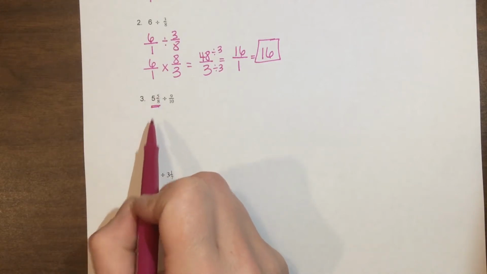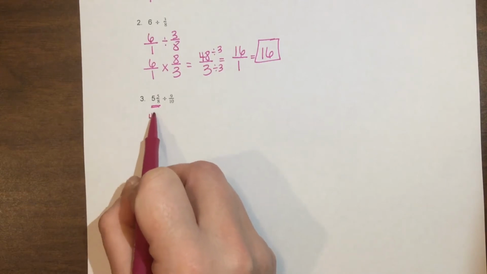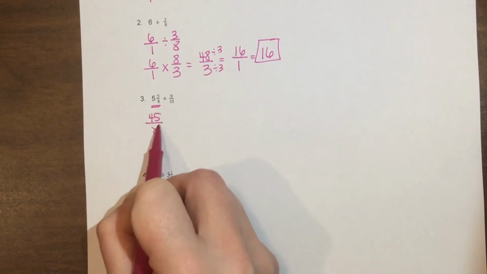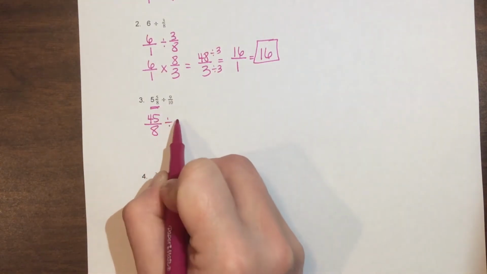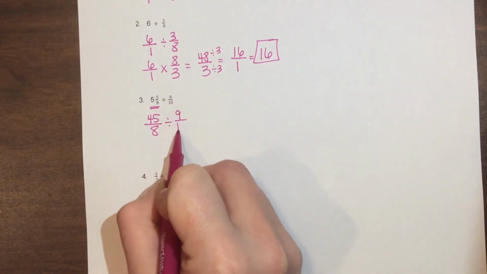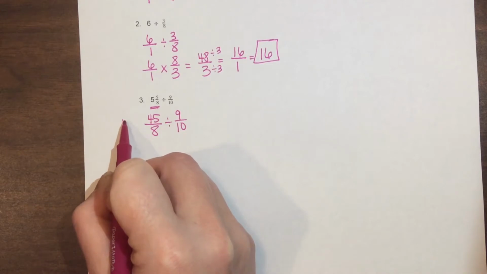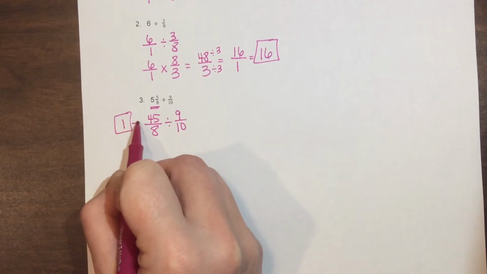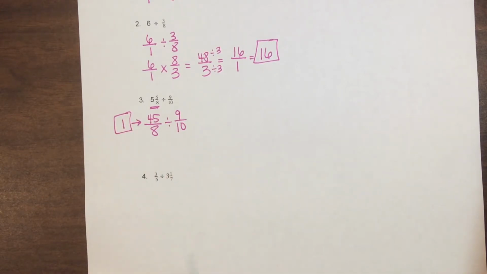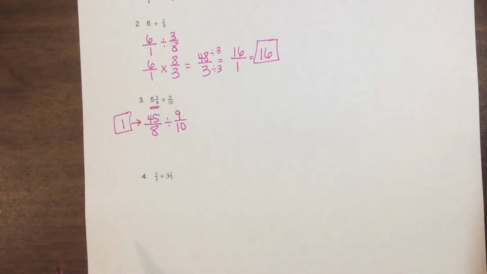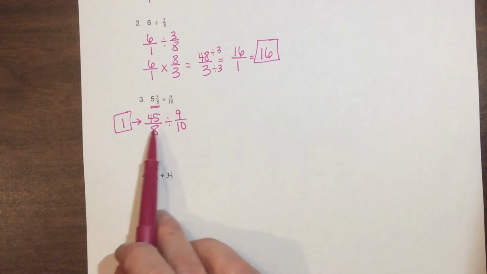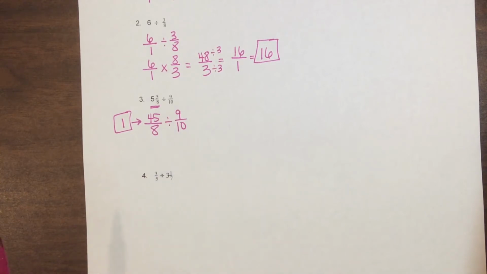Then we add the numerator. 40 plus 5 is 45, and you keep that denominator the same. The rest of the problem stays the same in this first step. So the first step, all we're doing is changing the mixed number to an improper fraction. Everything else stays the same in that first step.